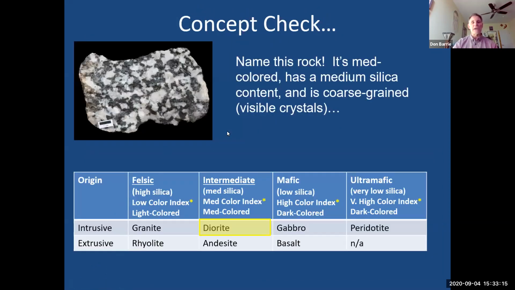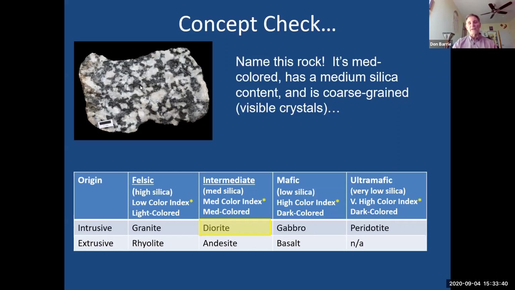Okay, another concept check question. Name this rock. It's medium-colored, has a medium silica content, and is coarse-grained, meaning visible crystals. Okay, so medium colored and medium silica content, right away, that's going to tell you that the rock is intermediate in composition. So just from that, we've narrowed down the field to either diorite or andesite.